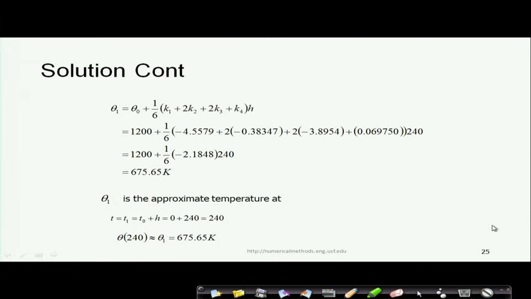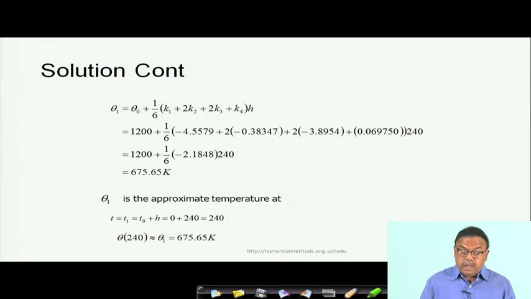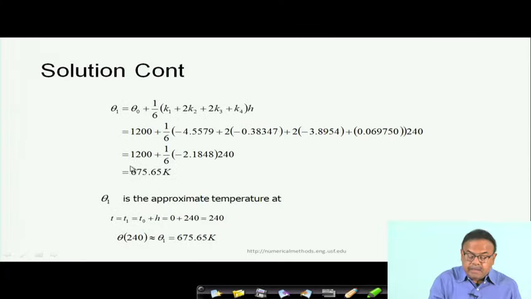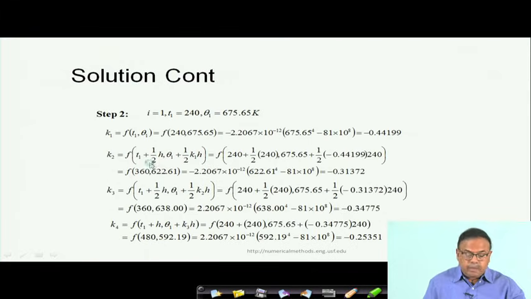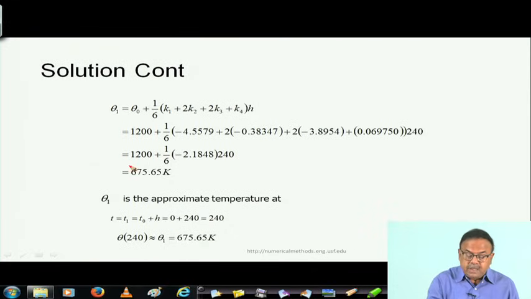So, the solution, the approximation: theta 0 was 1200, the initial condition, and here I put in the values of this times h, which was 240. So, I have taken it at the midpoint. I find that the temperature would be 675.65.